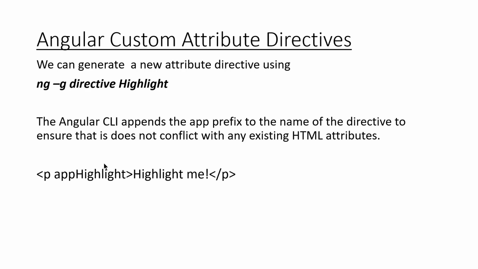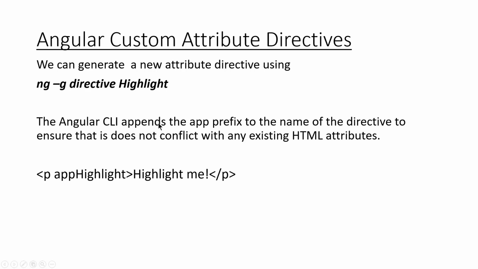So Angular has an ability for us to create custom attribute directives, so we don't have to stick with those three built-in commonly used directives. We can create our own so that we can apply an attribute to a particular tag, and that attribute will have some effect on how this tag is going to be created. We use ng g for generate directive, and then the name of the directive we want to use.